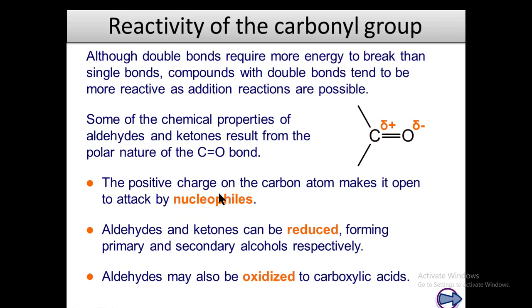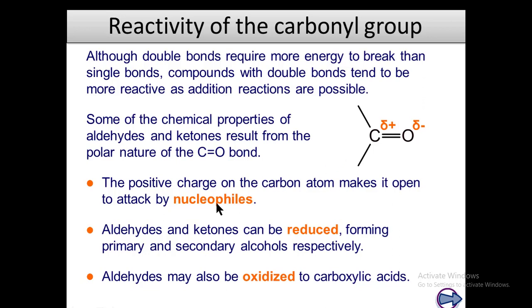The positive charge on the carbon atom makes it open to attack by a nucleophile. This part of the molecule is electron deficient. A nucleophile is a species which contains extra electrons. It may be a negatively charged species or it may be any species with a lone pair of electrons.